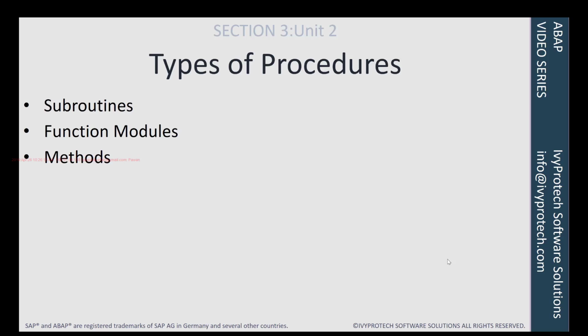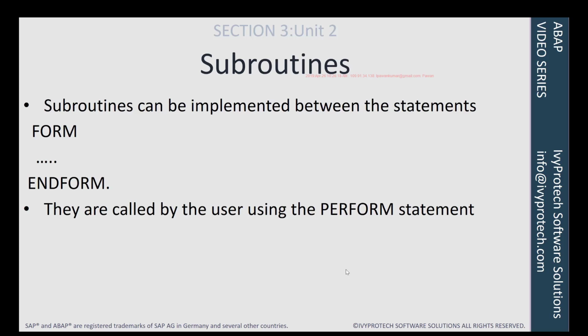In the next video, we'll talk about function modules, and methods I'll talk about in the next section after I give you an introduction to object-oriented programming. We've also seen that subroutines are maintained between form and form, and they are called using the perform statement. So let's discuss these subroutines in detail, and let's see how you can pass parameters to them.